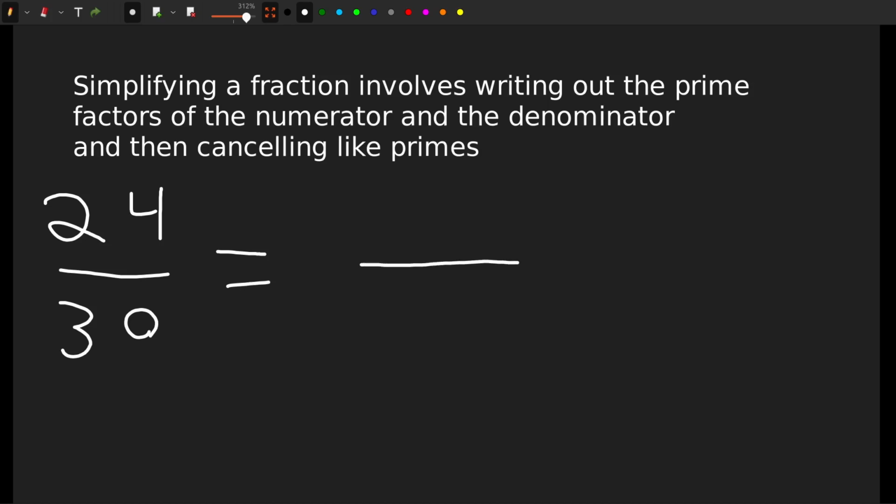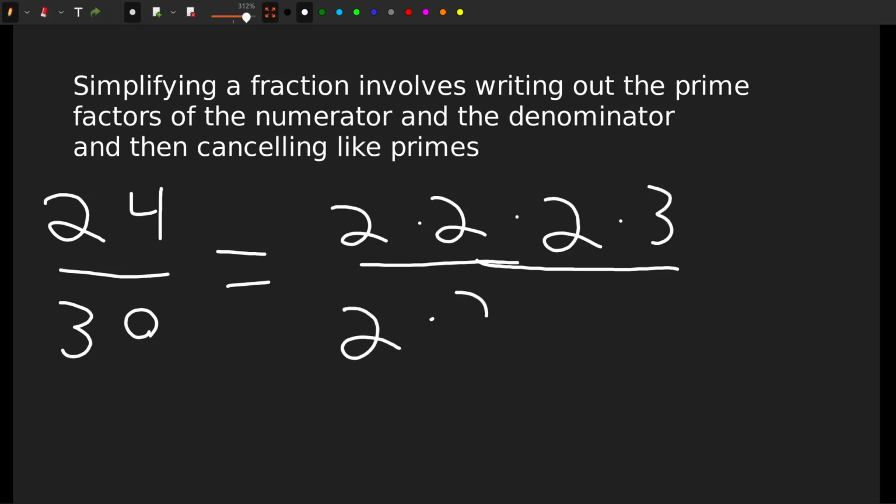But 24 can be written as 2 times 2 times 2 times 3. And then 30 can be rewritten as 2 times 3 times 5. Okay, so that's the first part of simplifying, writing out the prime factors of the numerator and denominator.